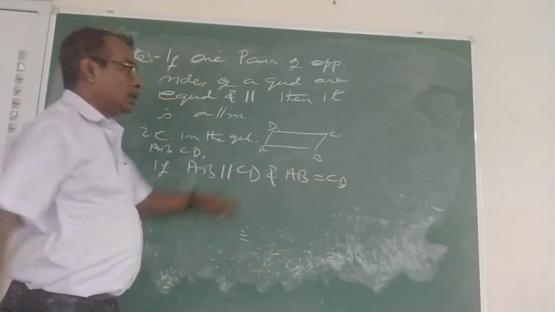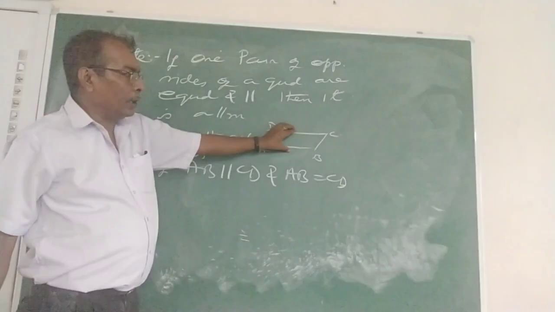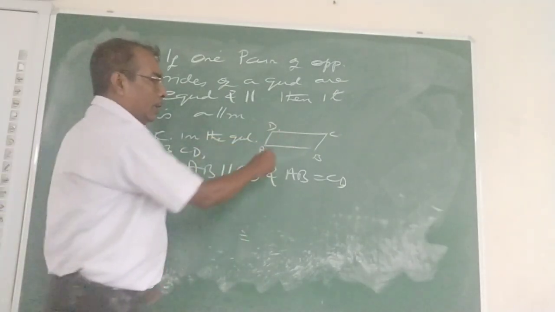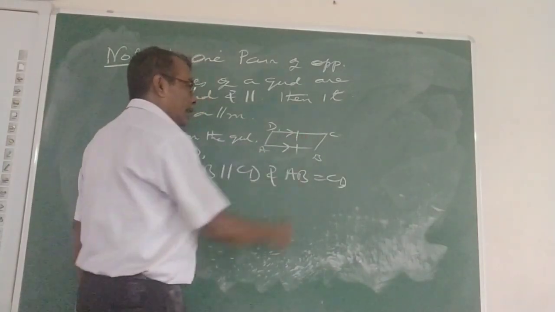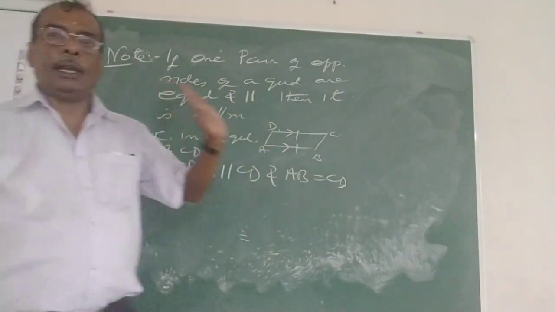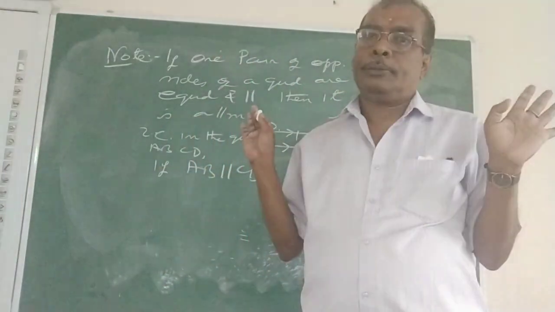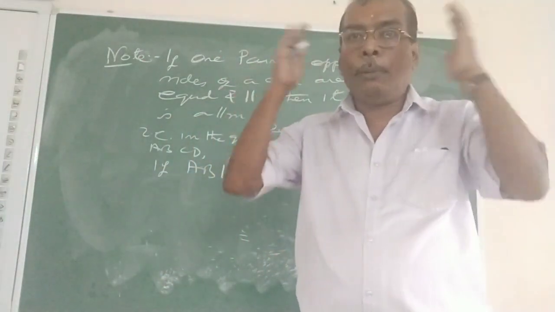Only one pair. This pair is parallel as well as equal. Then this will be a parallelogram. No need to prove the other parts. This is a parallelogram. Keep it in mind.